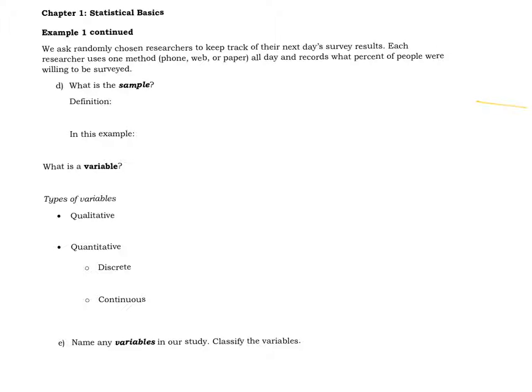All right, continuing on with example one, again, as a way to do some more defining of our statistical terms. We're now going to look at what the sample is. So again, for a definition of sample, the sample comes from the population. So these would be the individuals selected from the population.